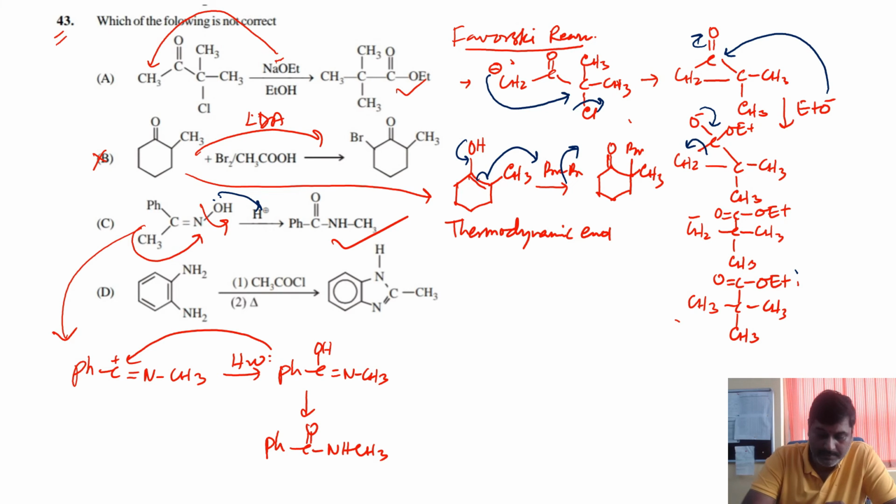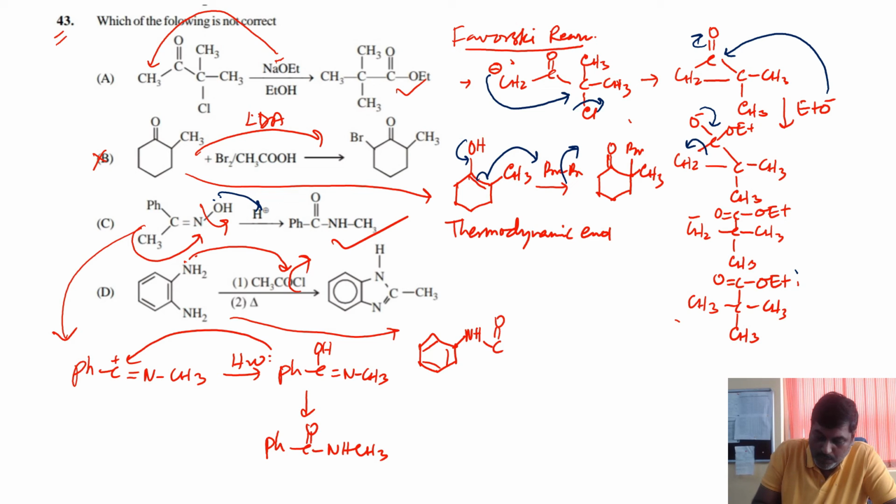Next one is NH2, CH3COCl. Right. So with CH3COCl, nucleophilic substitution takes place. This one is attacking here, the Cl is substituted, and you are getting initially NH C double bond O CH3, there is NH2, you know this.